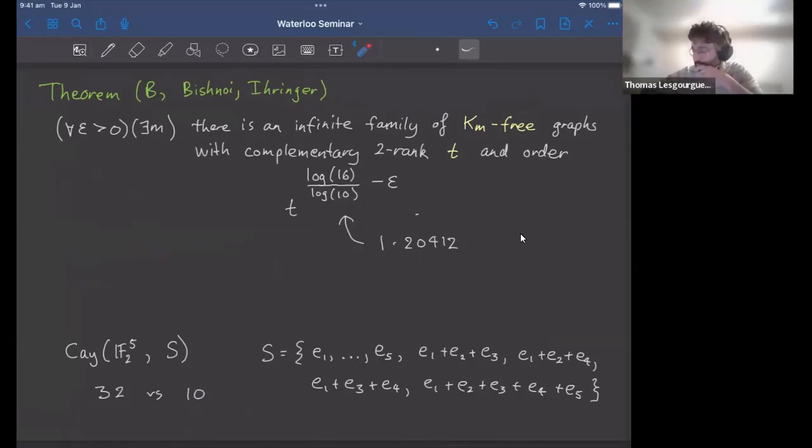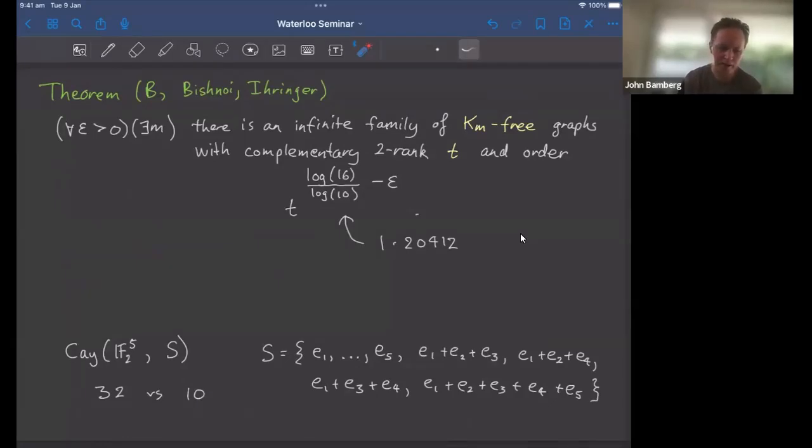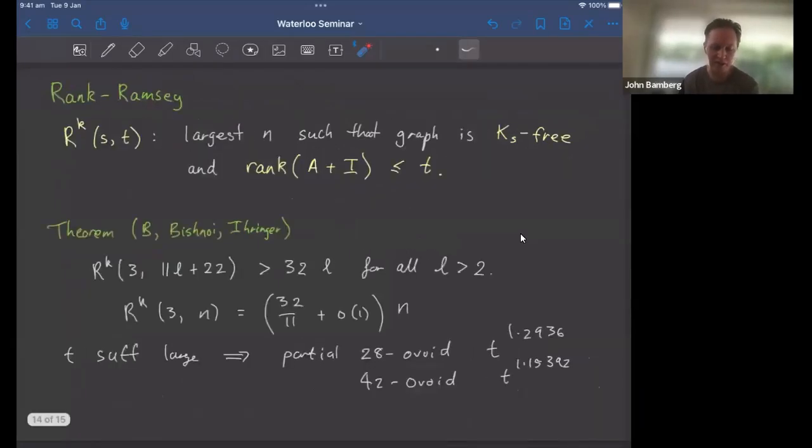And yeah, there it is: Benyamini, Lineal, and Schreibman. So our rank Ramsey, I totally forgot to mention this, is an improvement of their result. So they were interested in that problem. Yeah, so I think that's currently going on.